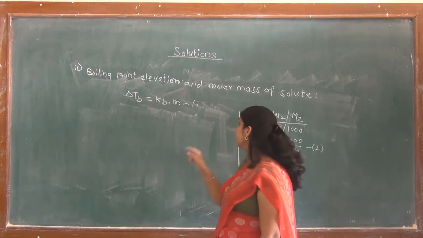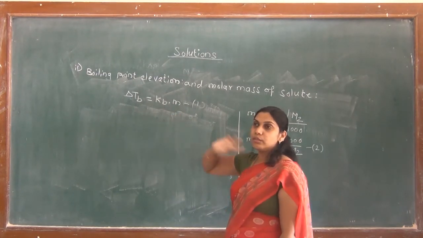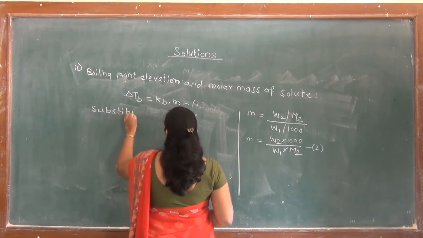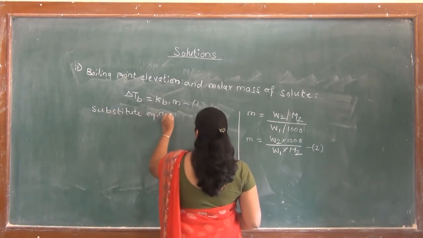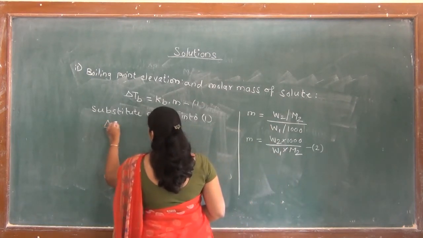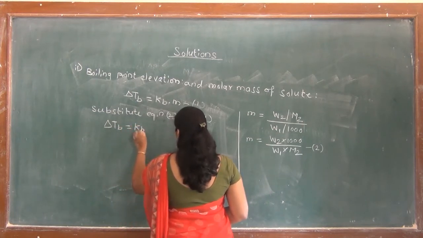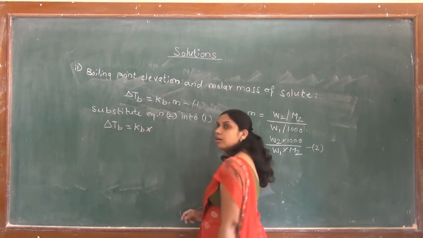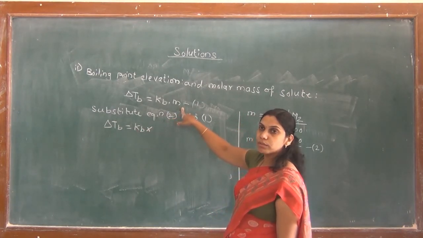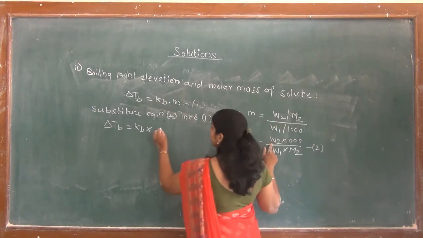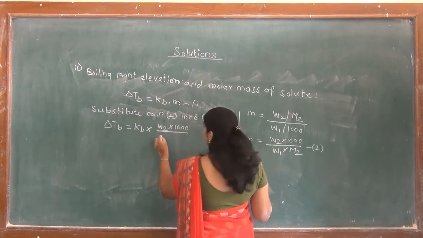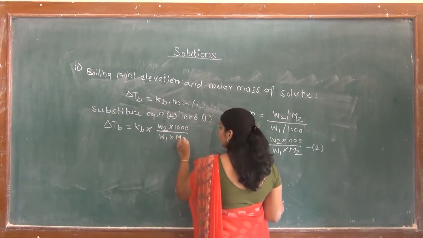Substituting equation 2 into 1, what we get is delta Tb is equal to Kb into, now we write the formula for molarity, that is small m. The formula is W2 into 1000 divided by W1 into M2.